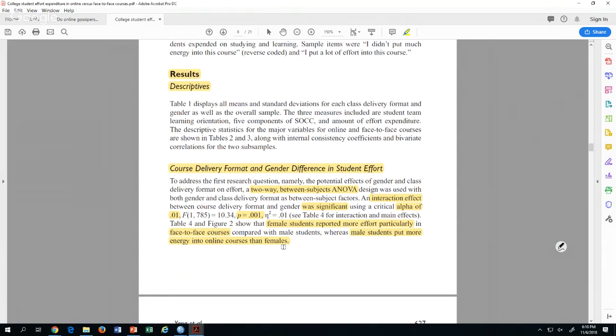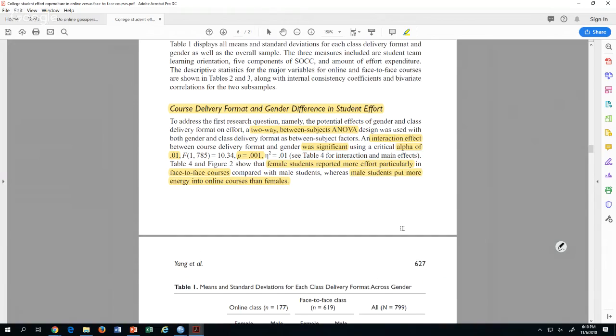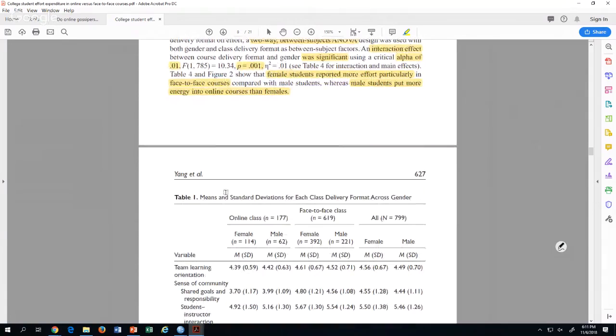Does that sound like a simple main effect conclusion? Yeah, because we're talking about the specific levels of both of those factors at the same time. So they might not have given the actual statistics for it, but they did describe it, and here's the table that gives those different group means.